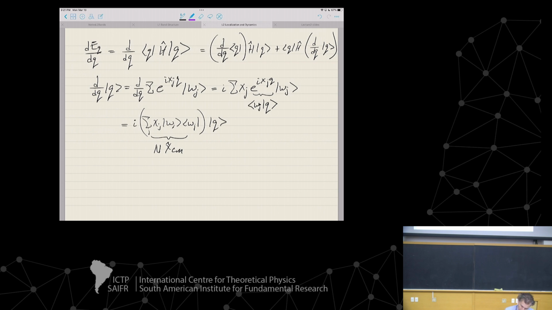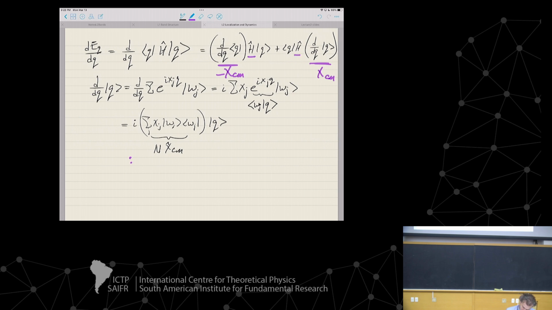And what's going to happen is if I now put that in here, and I put its complex conjugate here, then here I get basically a center of mass operator. Here I get a center of mass operator with a minus sign. And notice I then have the commutator between XCM and H, right? Because H is here.